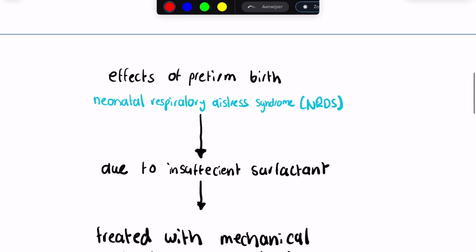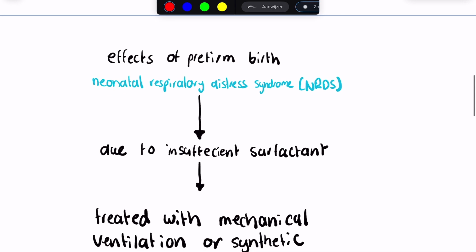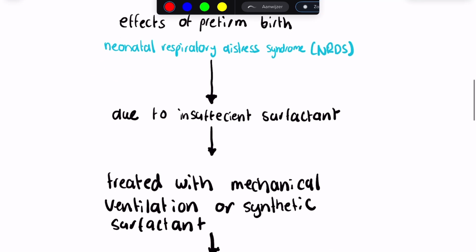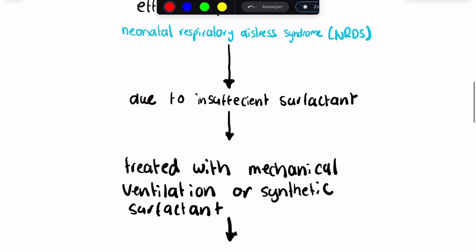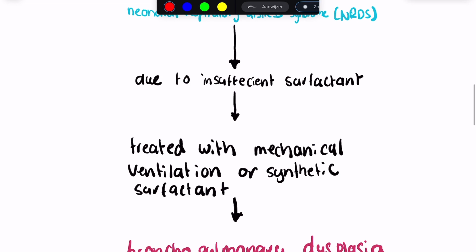What neonatal respiratory distress syndrome essentially is, is that your alveolar type 2 cells have not properly matured yet, so the surfactant production is very minimal, and this leads to an insufficient amount of surfactant. And the surfactant, like mentioned earlier, is essential in reducing the surface tension so that the alveoli do not collapse.